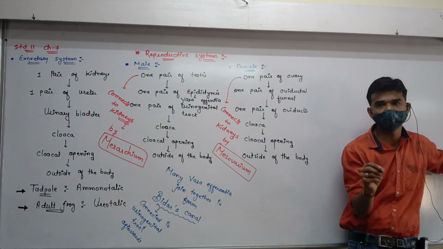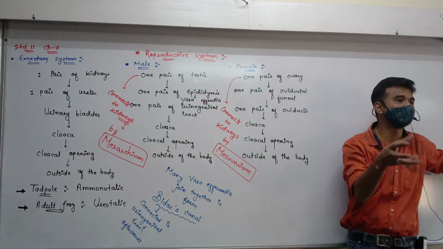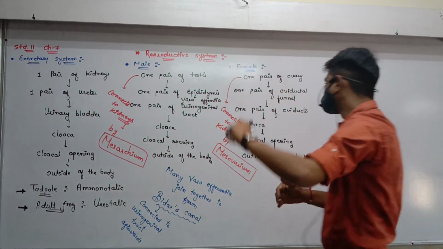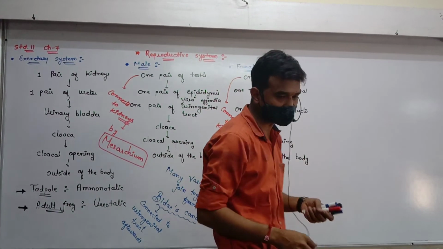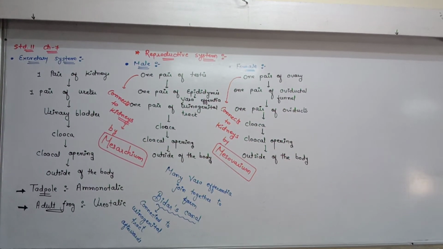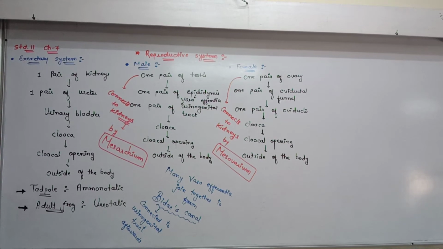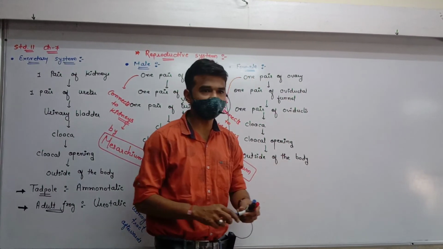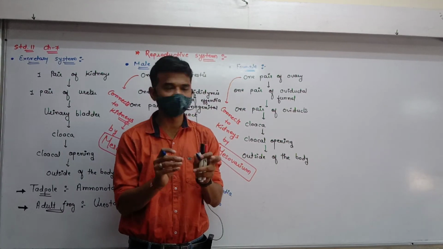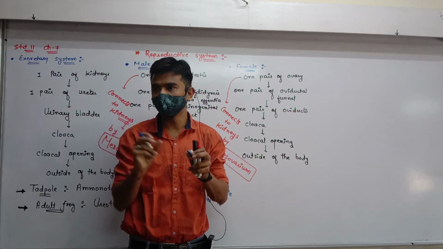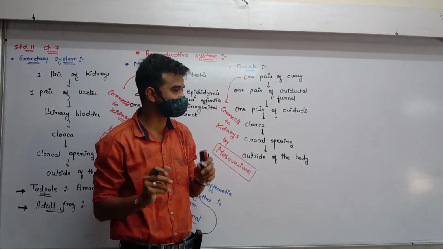So first of all, from the eggs, tadpole comes out. Fine, tadpole is formed. So I can write one chart here, the morphogenesis chart. I can draw the chart, but I will write in small handwriting, small words.